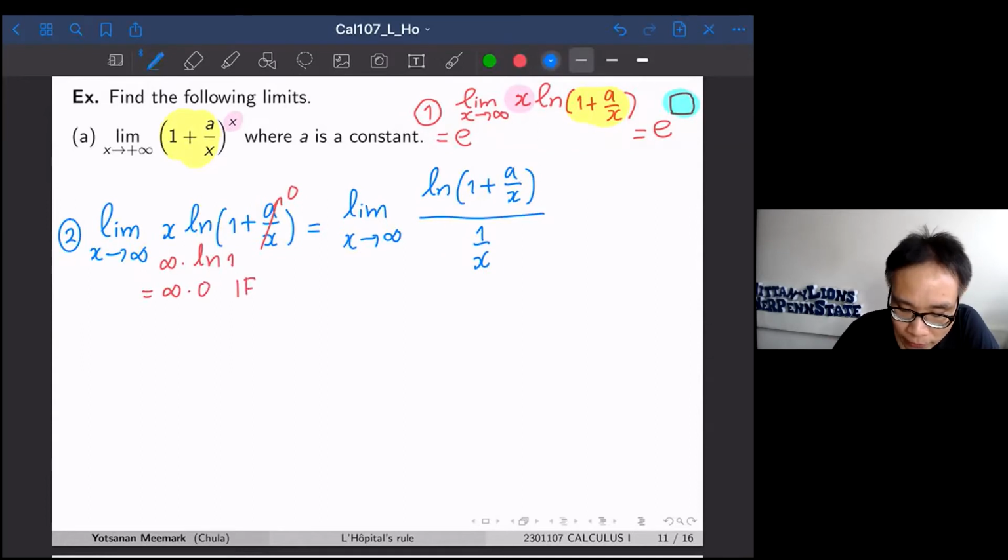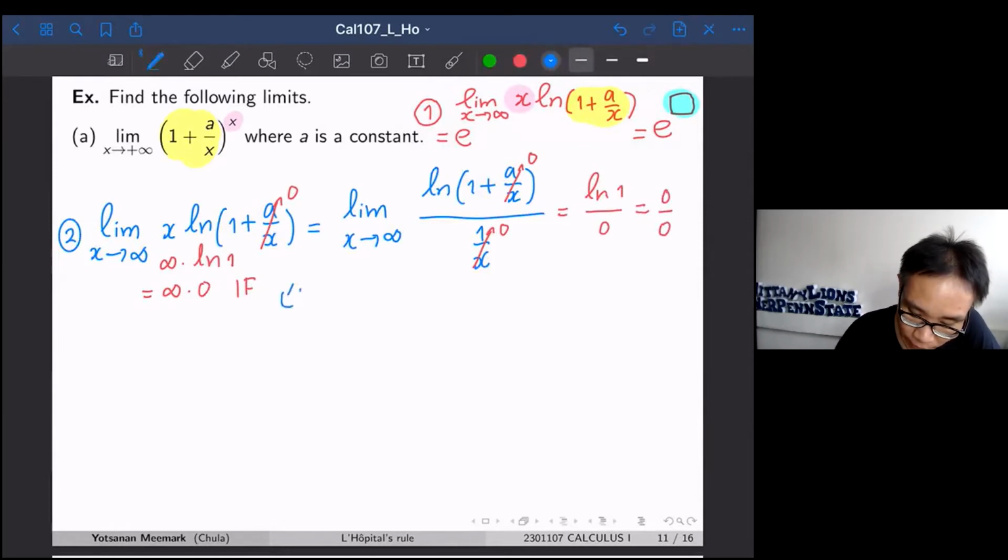And then when you have infinity times 0, you're going to convert this thing to log(1 plus a over x) over 1 over x. And when x goes to infinity, this guy goes to 0 and this guy goes to 0. So you would get log 1 over 0, so you have 0 over 0 in this case. Okay, so you're just going to apply L'Hopital for 0 over 0.